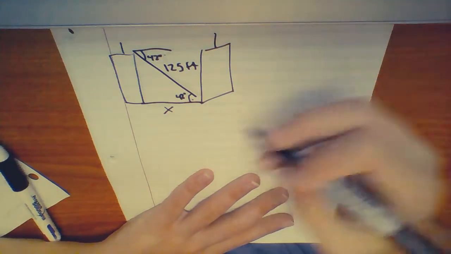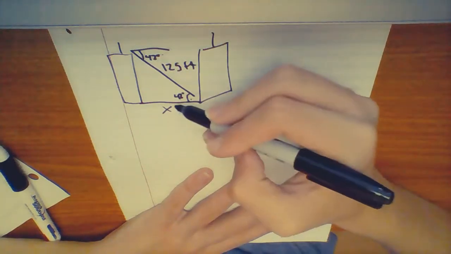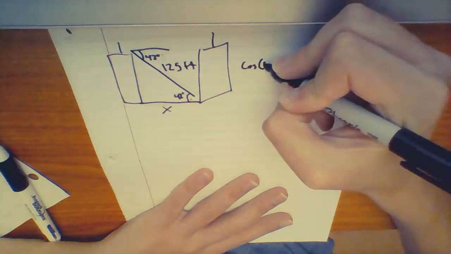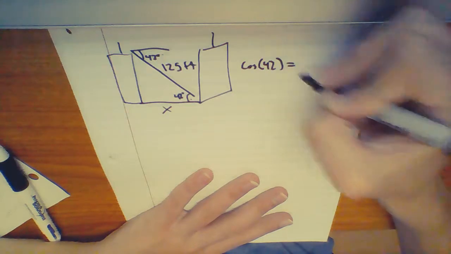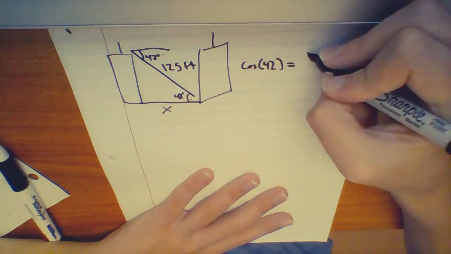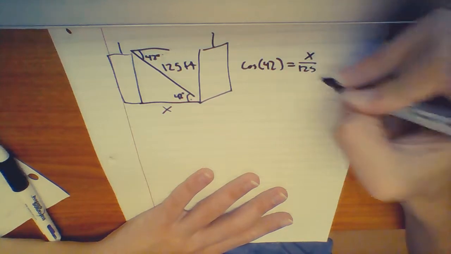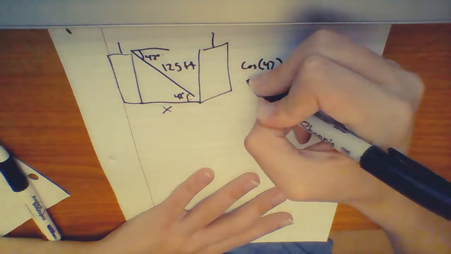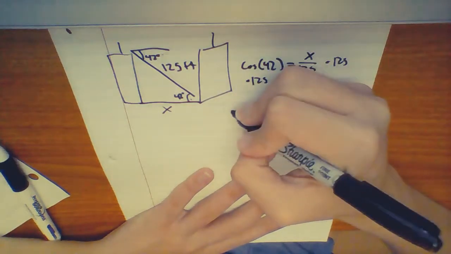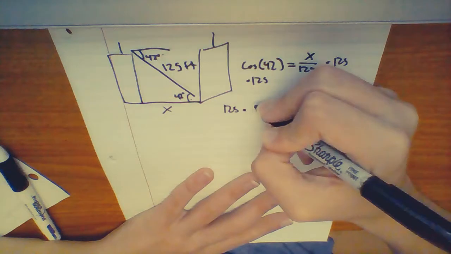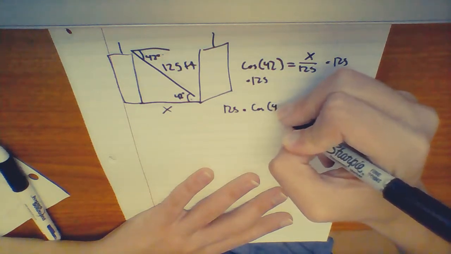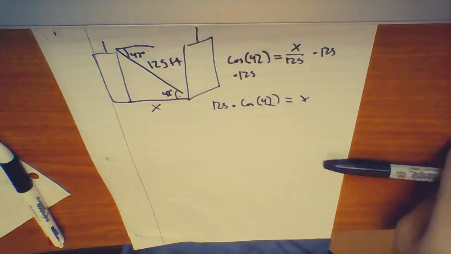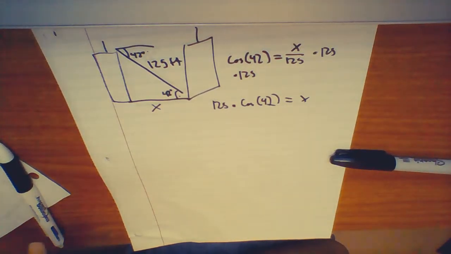And so, since we have the hypotenuse and the adjacent of the angle, we get cosine 42 degrees equals adjacent over hypotenuse, x over 125. Multiplying both sides by 125, you get x by itself. So you get 125 times cosine 42 equals x.